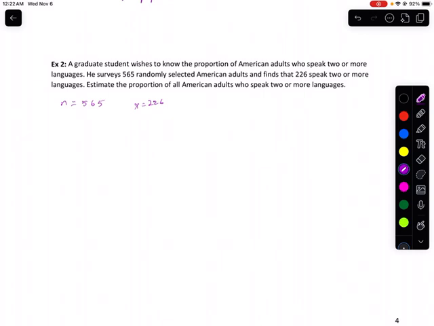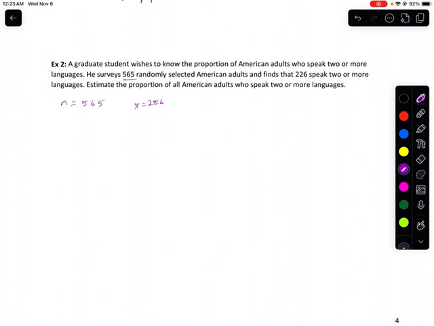Now notice here no mean is given, the word mean is not present, and we have a total and a subset or subgroup, so this means we need a proportion, because this 226 is coming from this total.